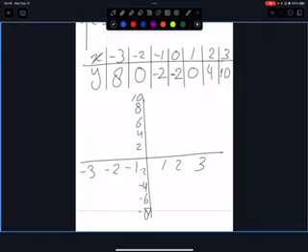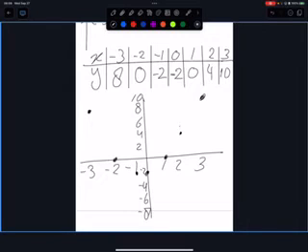So minus 2 is 0. 1 is 0. Minus 1 is minus 2. And 0 is also minus 2. 2 is 4. 3 is 8. 3 here is 10.